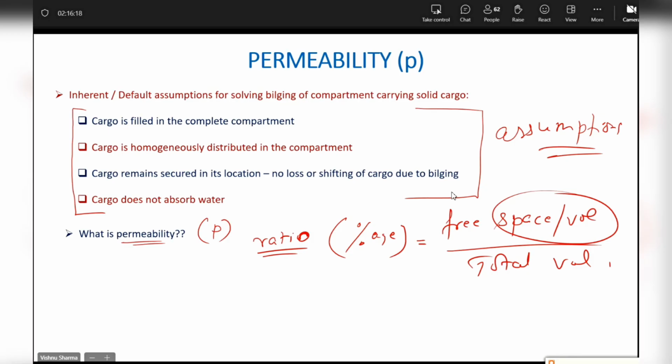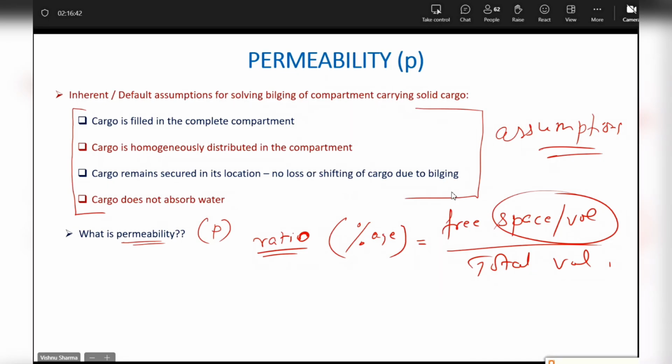Only 300 cubic meters is occupied by the cargo. If the permeability is 40%, that means 40% of the volume is free, and the rest is occupied by the cargo. So is the meaning of permeability clear, beta?